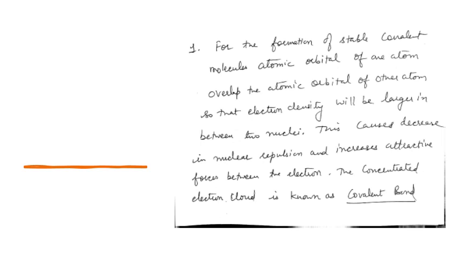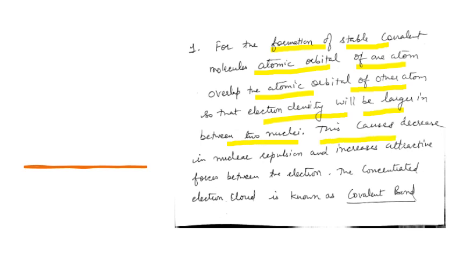The first feature is, for the formation of stable covalent molecules, the atomic orbital of one atom overlaps the atomic orbital of the other atom. This theory says that the valence electrons participate in the bond formation and overlap with the other orbital, so that the electron density will be larger between the two nuclei, and this causes a decrease in the nuclear repulsion.